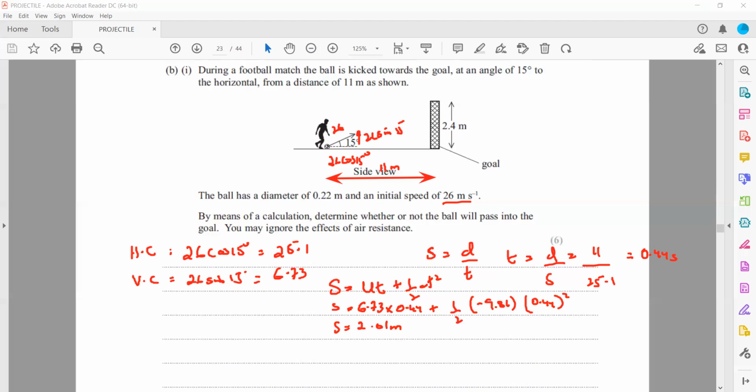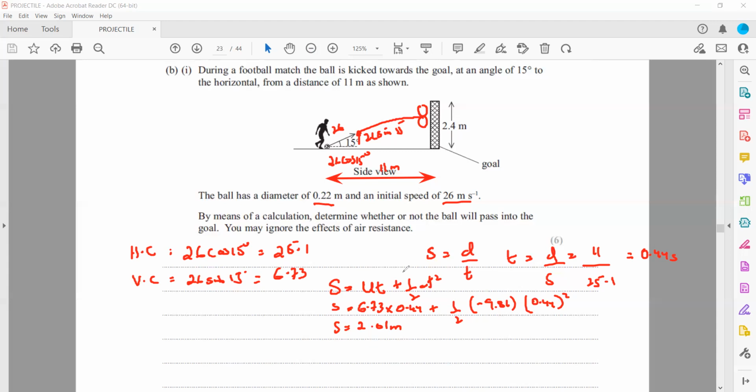So this ball will be at the height of 2.01, and plus, as they mentioned, the diameter of the ball, 0.22. Maybe the ball is 0.22 meter up or 0.22 meter down, because this is a position they've mentioned.